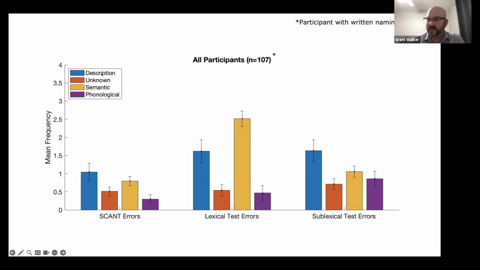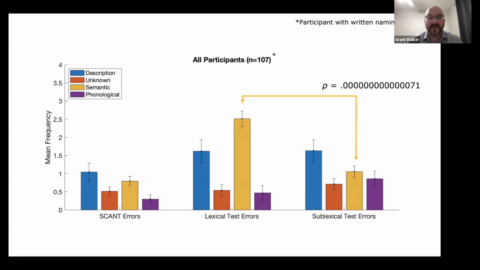Description, if it was clear that they knew what they were describing; unknown, if they just said, I don't know what that is, or had no response; semantic, if they provided a category coordinate or superordinate; and phonological, if they have most of the phonemes, but there's some sort of mix up of the phonemes to create a non-word.